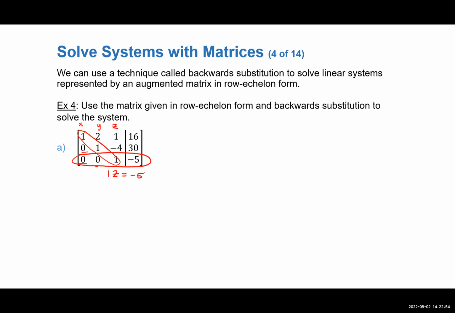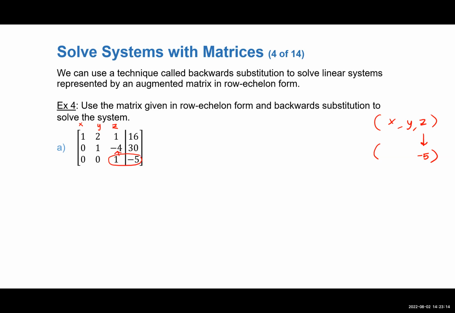So that's already a part of my solution. I know Z, we're looking for X, Y, and Z. Z is -5, okay?